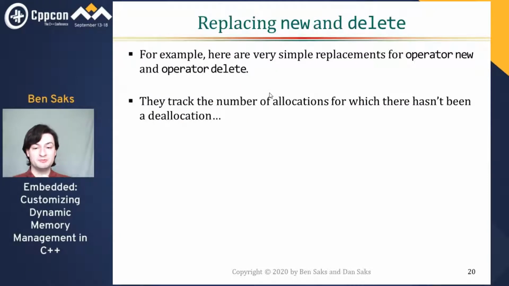So here are some very simple replacements that I could write for operator new and operator delete that are designed to track the number of allocations that haven't been deallocated yet. It gives me a running count of how much memory has been allocated in a rough sense, because objects are different sizes.